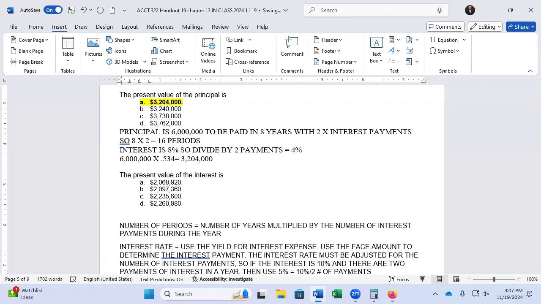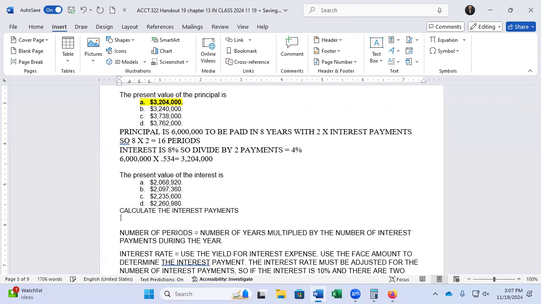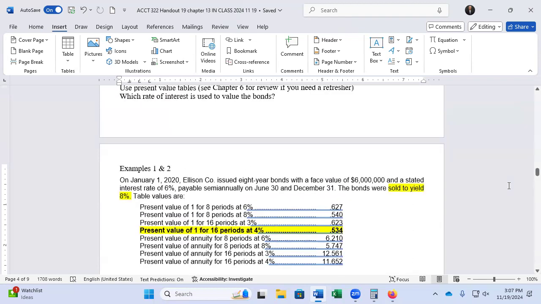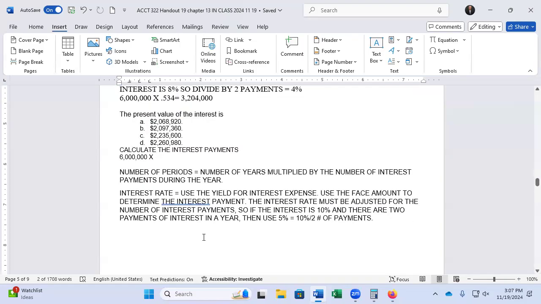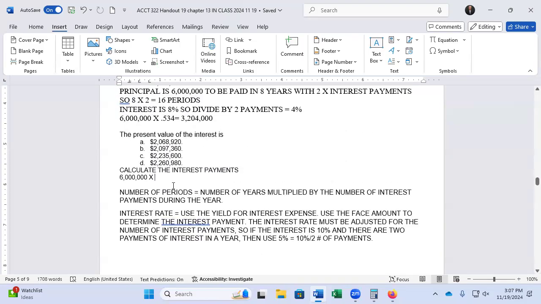Now you also have to calculate the present value of the interest payments. So first we have to calculate the interest payments. So we have 6 million times the rate, which is 6%, so times 0.06.